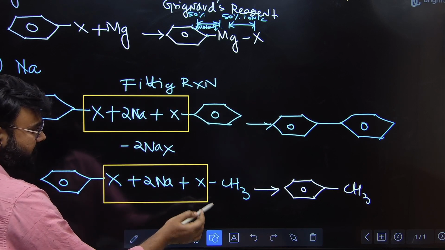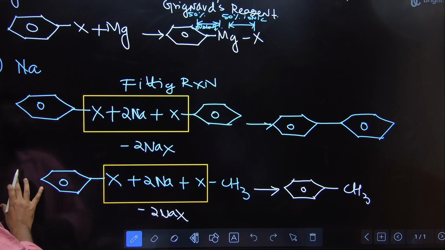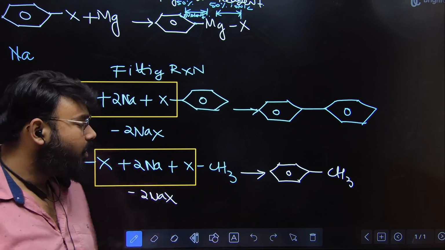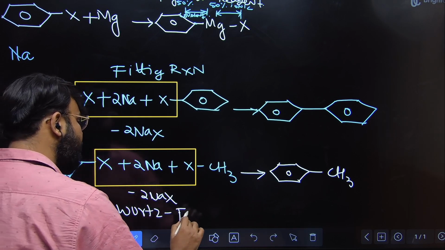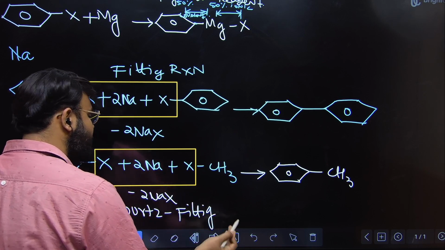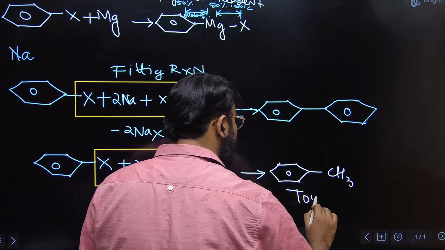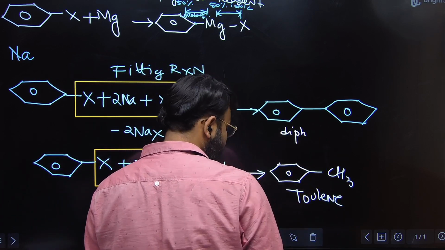Same story, 2NaX is removed. Now this reaction is half Wurtz, half Fittig. It's called Wurtz-Fittig reaction, and this gives you toluene. This is called diphenyl or biphenyl.